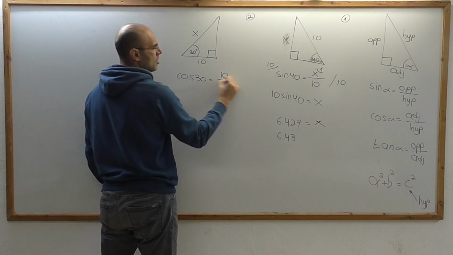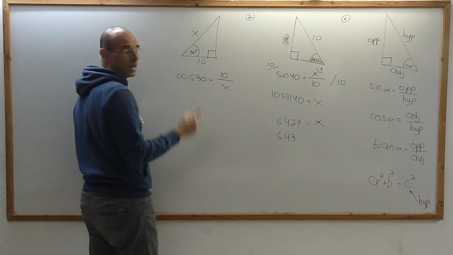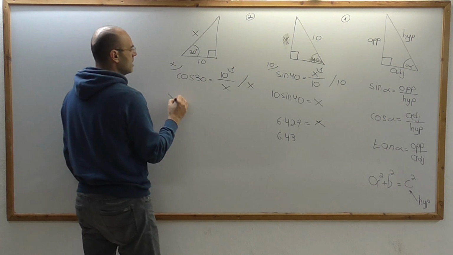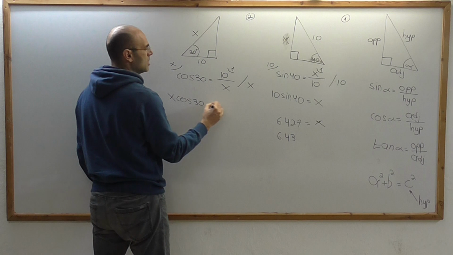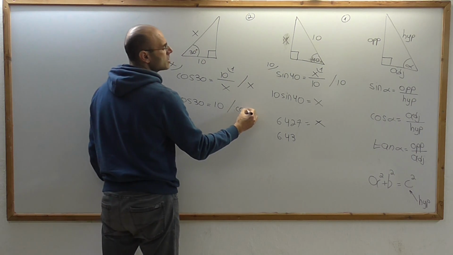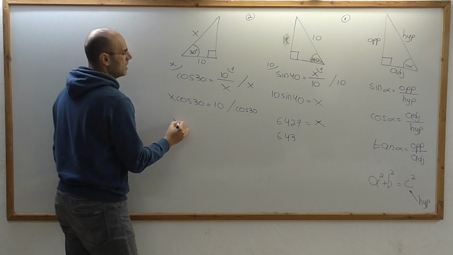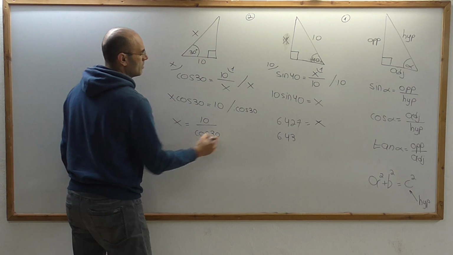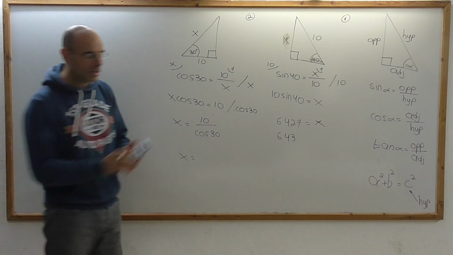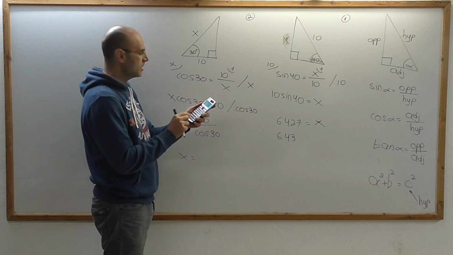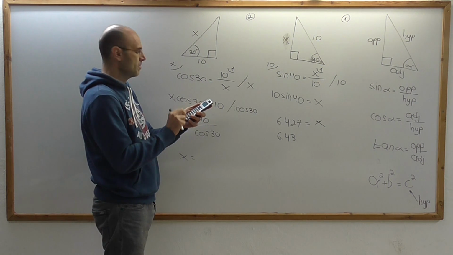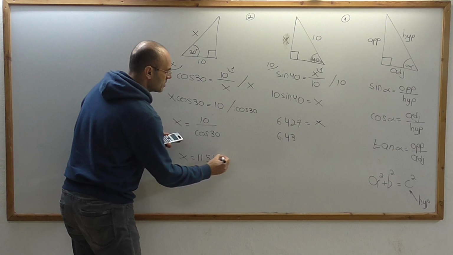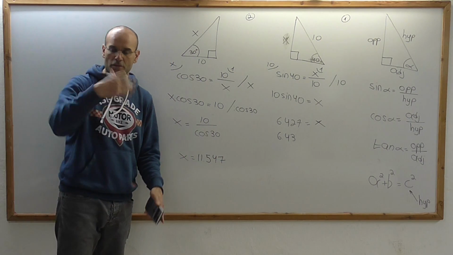Adj is 10 over hypotenuse, x. We multiply by x. X times cosine 30 equals 10. We divide by cosine 30. X equals 10 over cosine 30. Again, we go to the calculator and we press 10 divided by cosine 30. You should get 11.547, or 11.55 if you want to round it up.